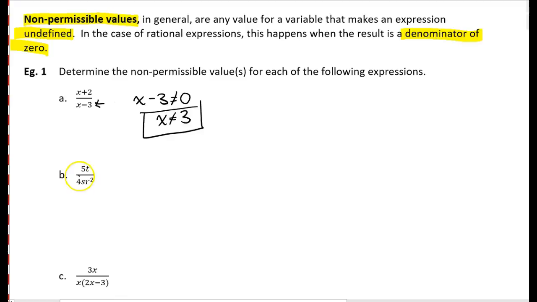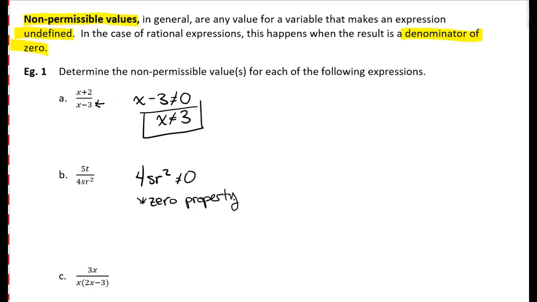Okay, so for example B, we've got our denominator cannot be 0. So 4sr squared cannot be 0. Now, unlike the previous example where we only had one variable in the denominator, now we've got 2. So when we have this set up, we use our zero property. And we talked about this property originally way back in our second unit about quadratics.